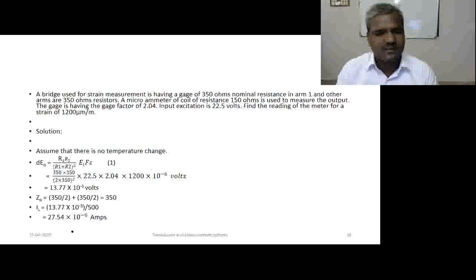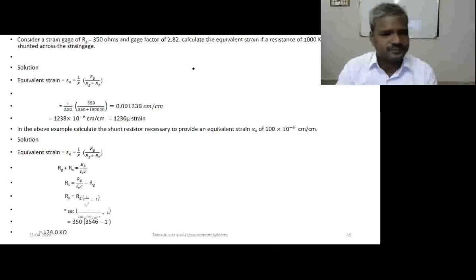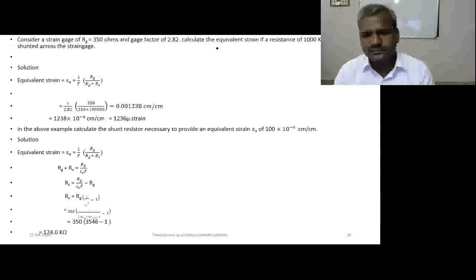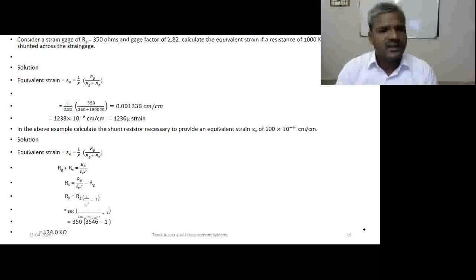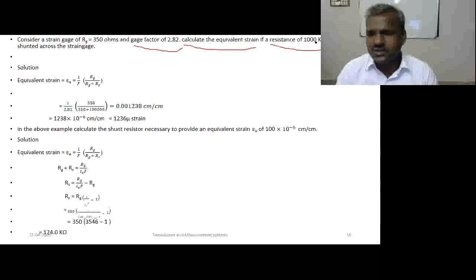Let's see some simple problems. Consider a strain gauge of Rg 350 ohm and a gauge factor of 2.82. Calculate the equivalent strain if a resistance of 1000 kilo ohm is shunted across the strain gauge.